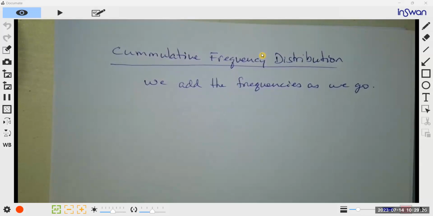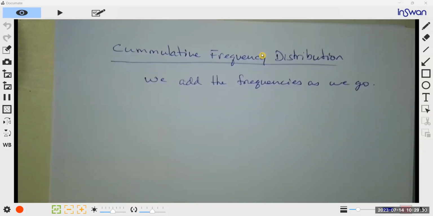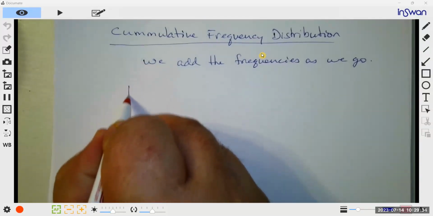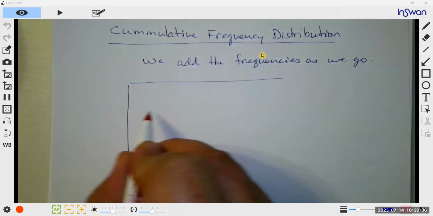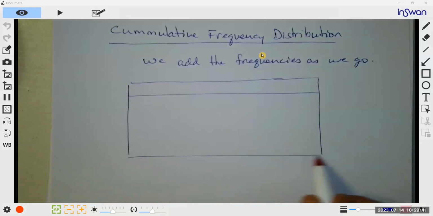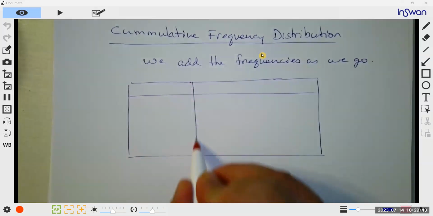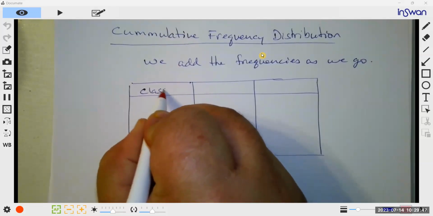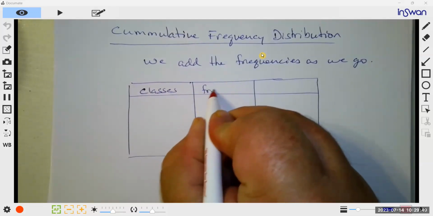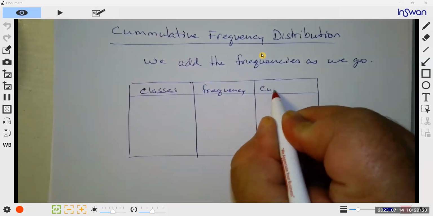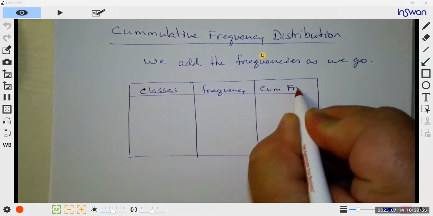So each class builds up on the previous one. I should have printed out these values earlier. So we have our class, we have our frequency, and the cumulative frequency.